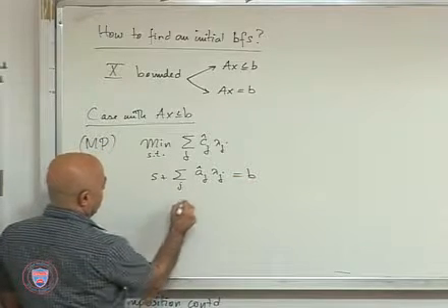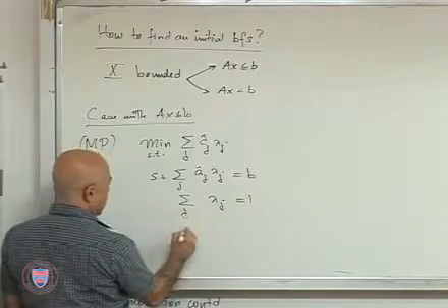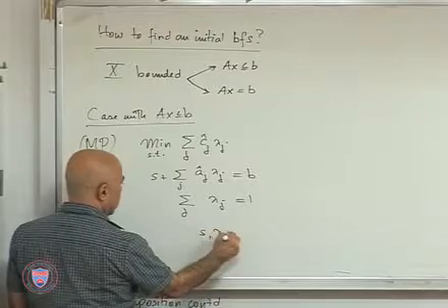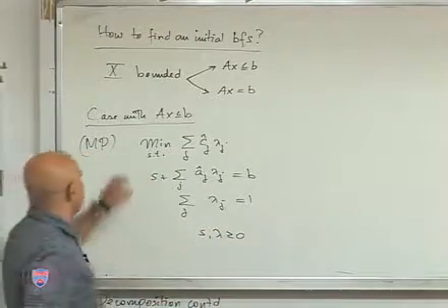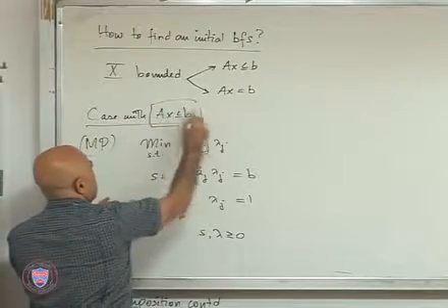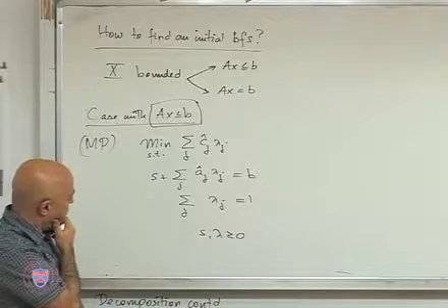What else do I have? I have summation lambda j equals 1. And then everything is non-negative. This is the standard form master problem corresponding to AX less than or equal to B type of constraints in the original problem.